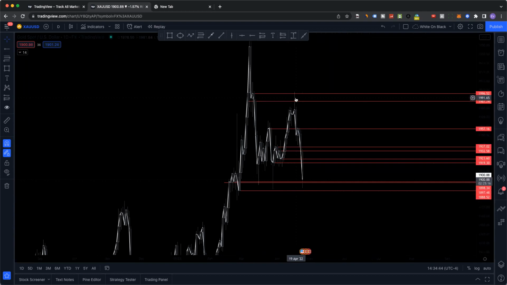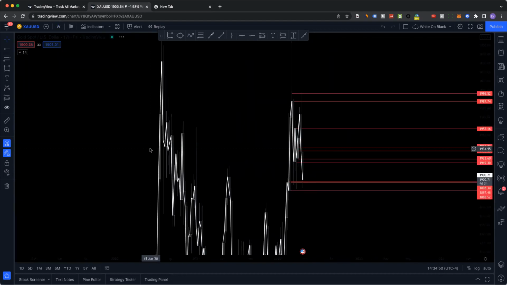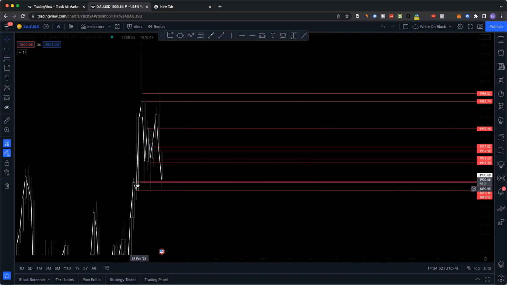But we understood that this was weekly to weekly, so price was just finding the next weekly zone, which was down here and here. Price came down here, and this would have been a pretty good TP, or you could monitor price and find the next weekly level down here.